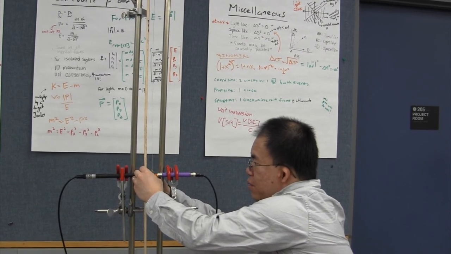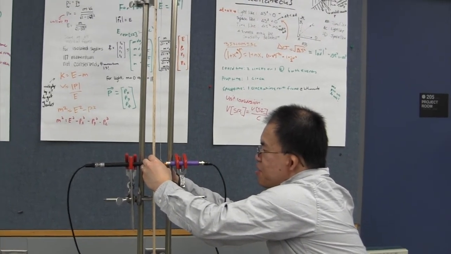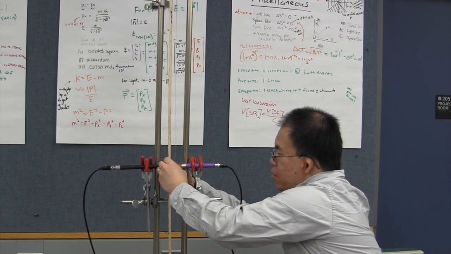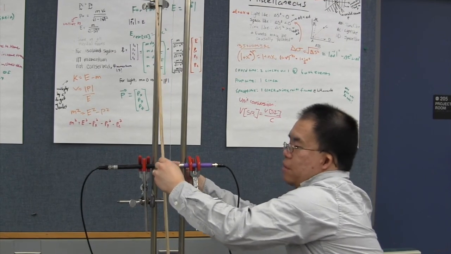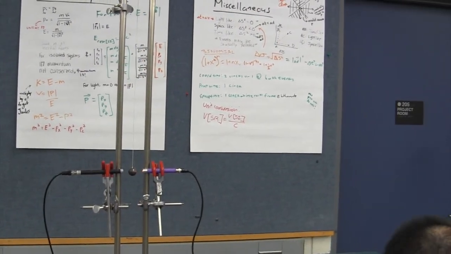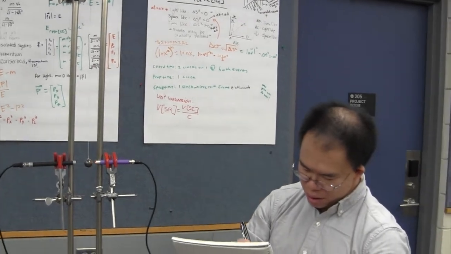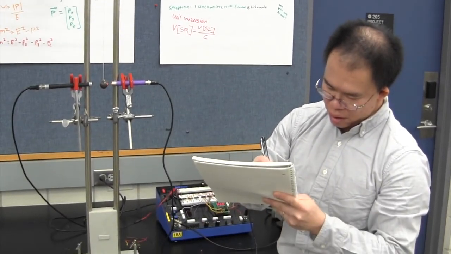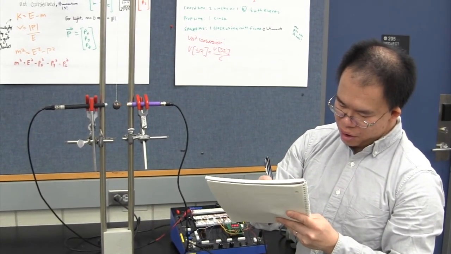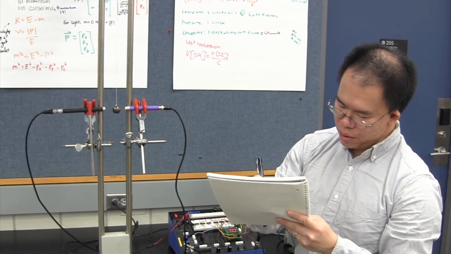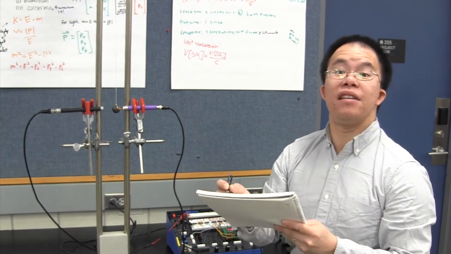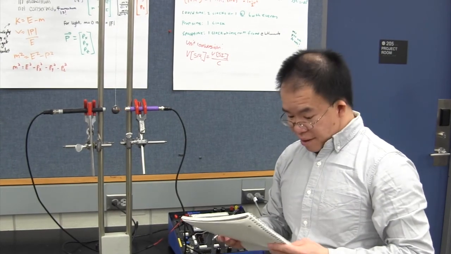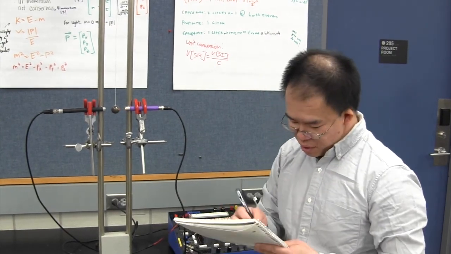This is right about 66.9. Length number 3 is 66.9 plus or minus 0.4 centimeters. All right, let's go and get some period measurements.